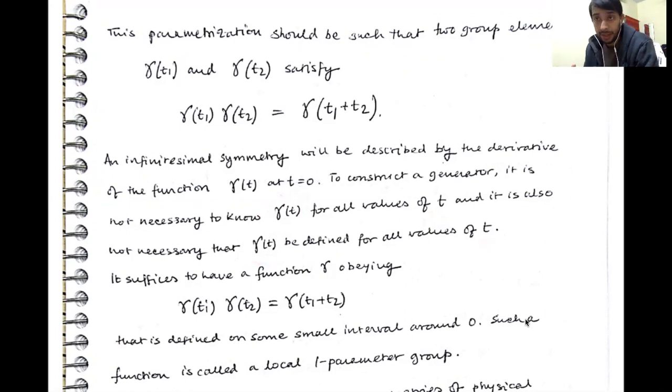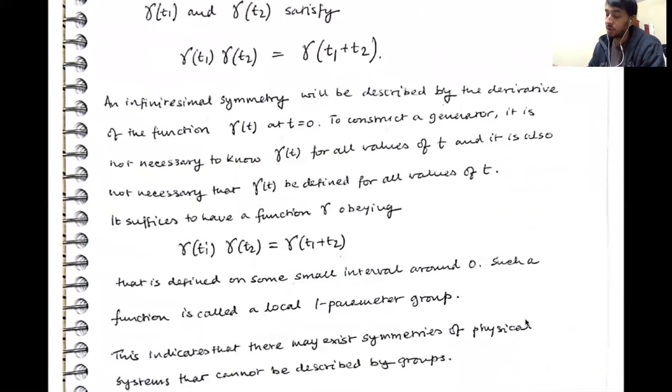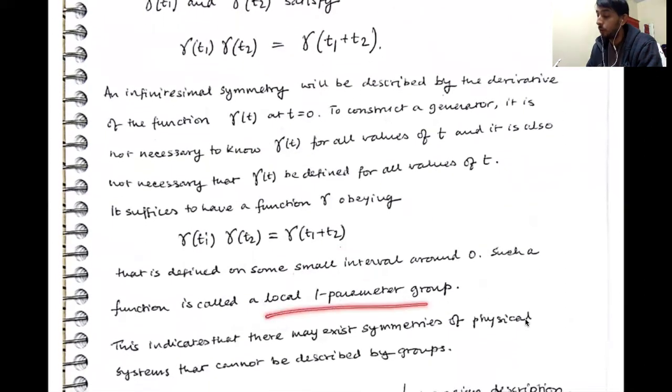It just suffices to have a function that obeys this form, and that's defined in some small neighborhood of t equal to 0. This particular function is going to be called a local one parameter group, okay? So what does this indicate? This indicates something very, very deep.